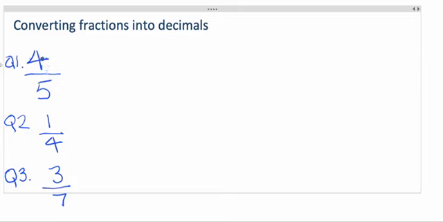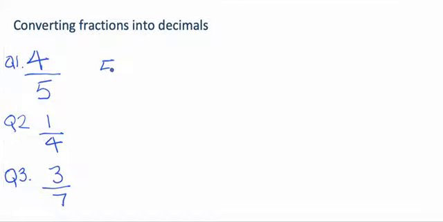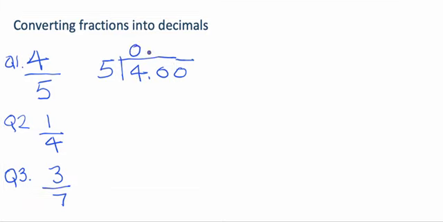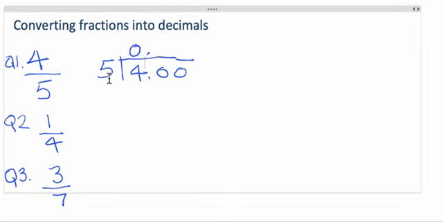So we're going to convert 4/5 into a decimal. And so we divide 5 into 4. Put a couple of zeros there, just in case we need them. So how many times does 5 go into 4? It doesn't go any times. Make sure you put the decimal point there.